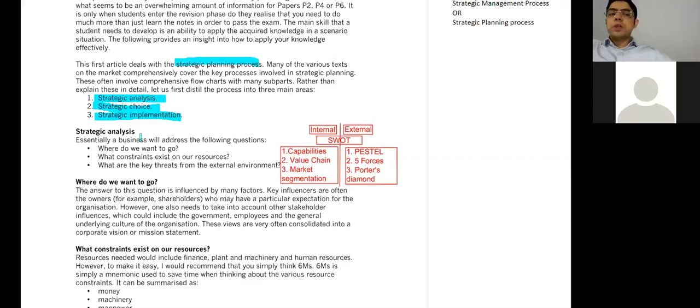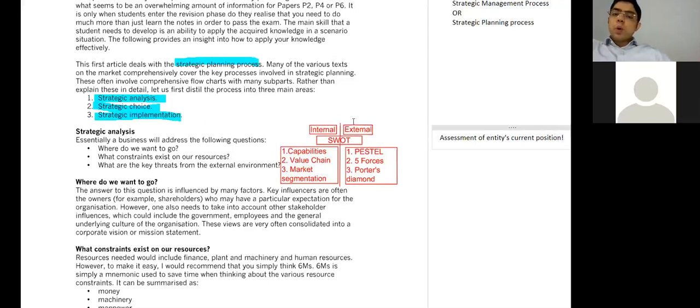But what is the core theme? The core theme of strategic analysis is the assessment of the current position of the entity. When we say entity's current position, what does that mean? Current position of an entity is shaped by both its internal situation as well as its external situation, right?